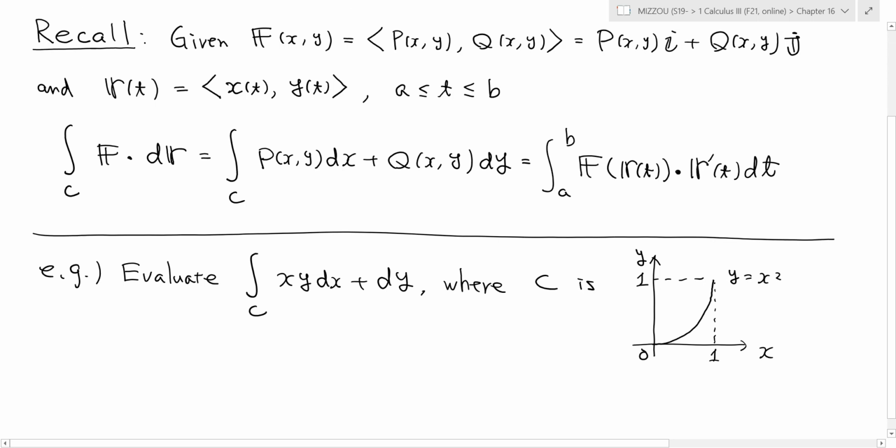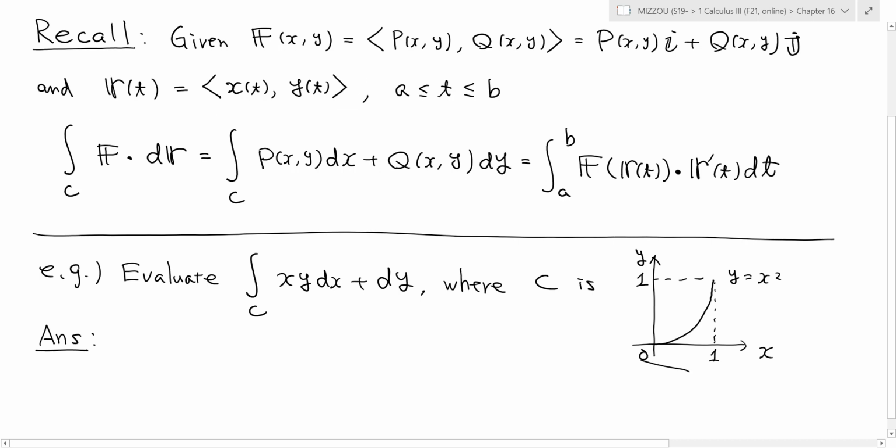Basically, the key point for a line integral is to find the right parameterization for the curve you integrate over. Depending on the problem, this is sometimes given. But if it's not given, you have to find out what this r of t is.